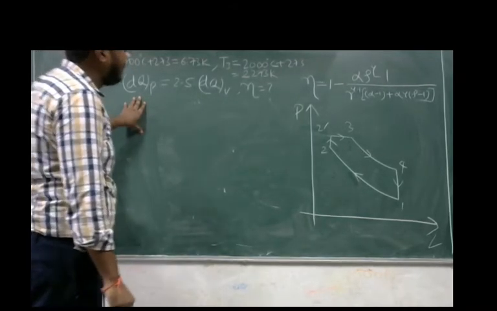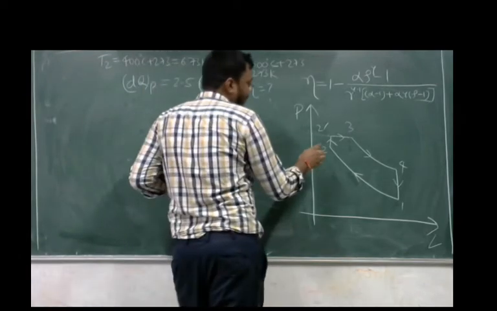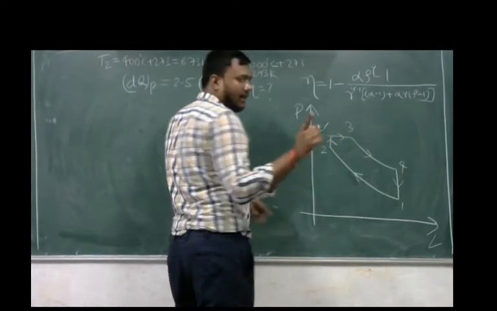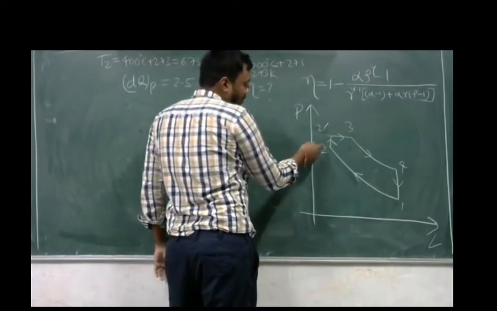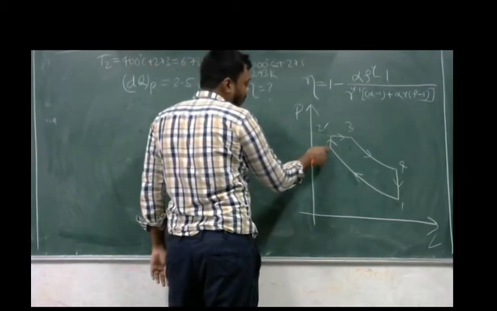It is given that heat addition at constant pressure, meaning heat addition from 2 dash to 3, is 2.5 times more than heat addition at constant volume, meaning from 2 to 2 dash.